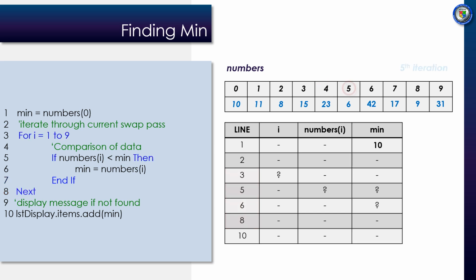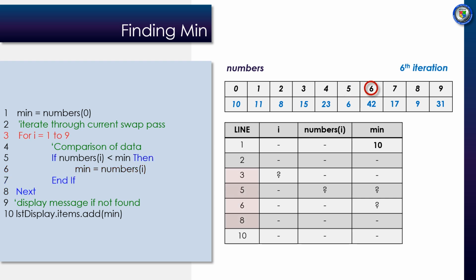Again, iterating round the loop and as such traversing the array, I now becomes 5, and numbers I, the value in that element, is 6. Is it less than our value in min, which is 8? It is, that condition is met. Therefore, our variable min will be set to 6.